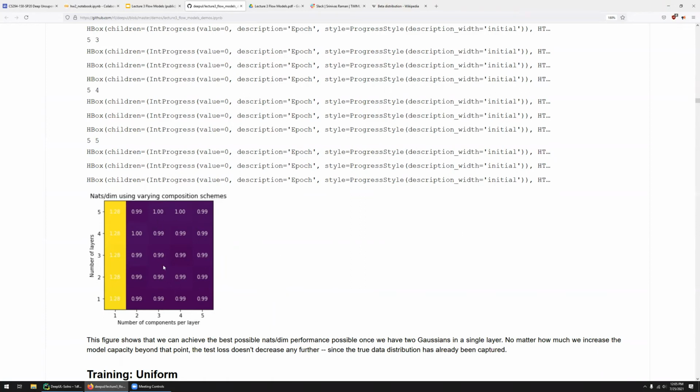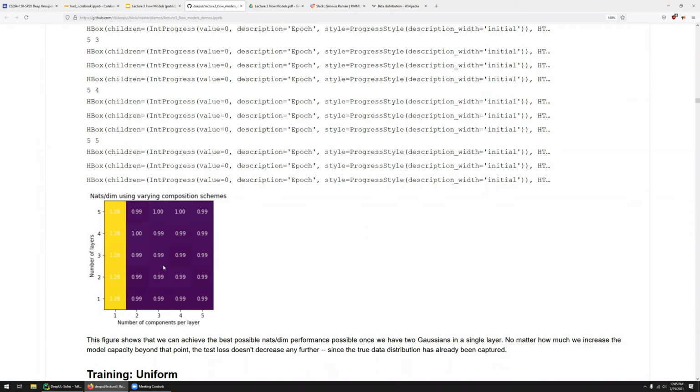One is increasing the depth, and the other would be increasing your number of Gaussian mixture components, and that's analogous to increasing the width of the network. So that's what he has plotted, right? The number of layers along the y-axis, and the number of components per layer, meaning the number of Gaussian mixtures, along the x-axis. Yeah, he's sweeping the parameters, the number of layers and the number of components.